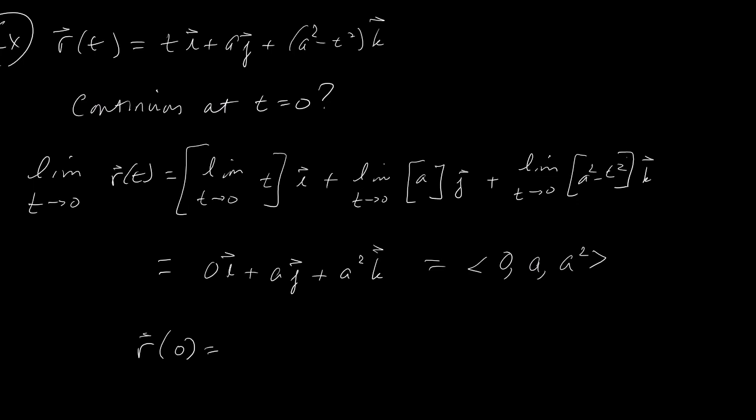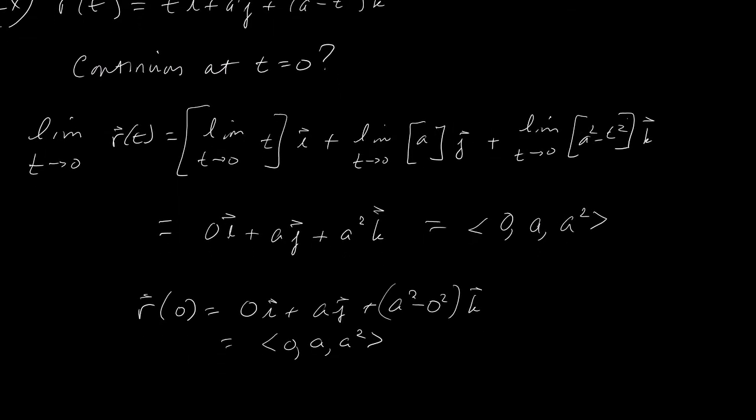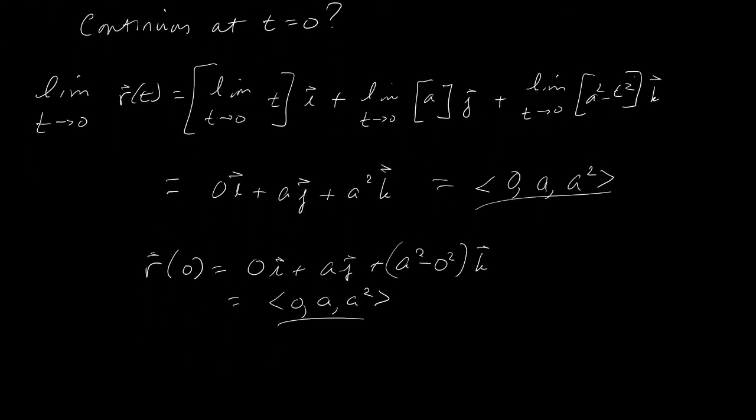So r of 0 is 0 in the i direction plus a in the j direction plus a squared minus 0 squared in the k direction, which is equal to 0, a, a squared. So yes, it is continuous at t equal to 0.